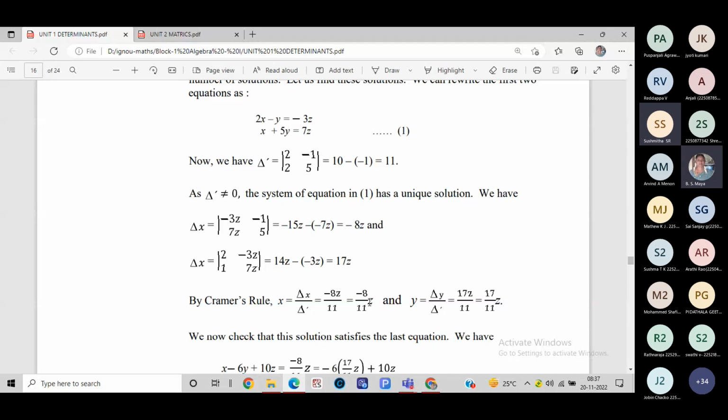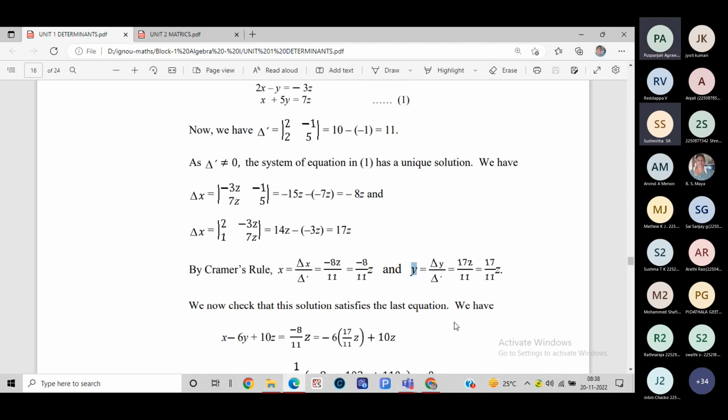When I take z equal to 1, x is minus 8 by 11 and y is 17 by 11. When I take a value of z, I can easily find x and y. We should assume the z value. The z value can be anything: 0, 1, 2, 3, 4, 5. If you substitute infinite values of z, you get infinite values of x and y.